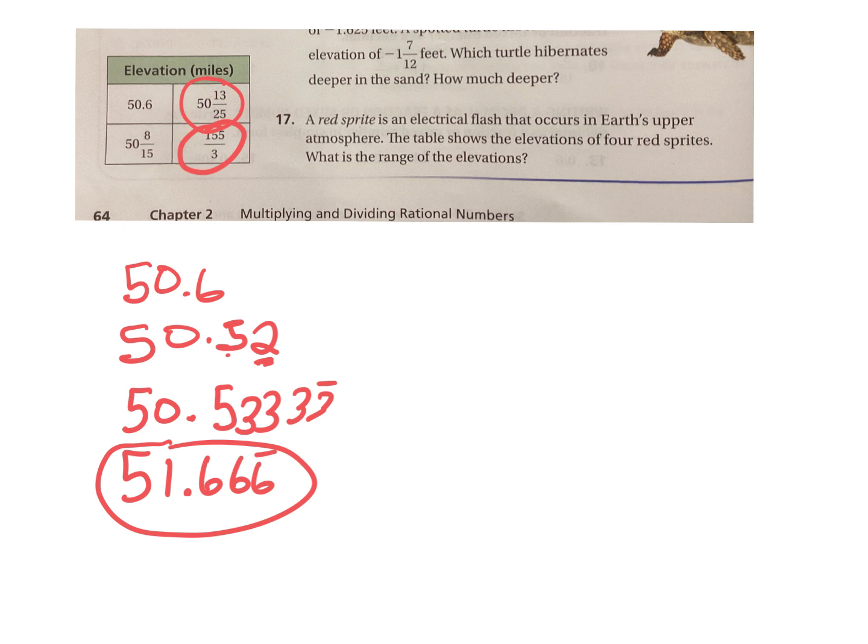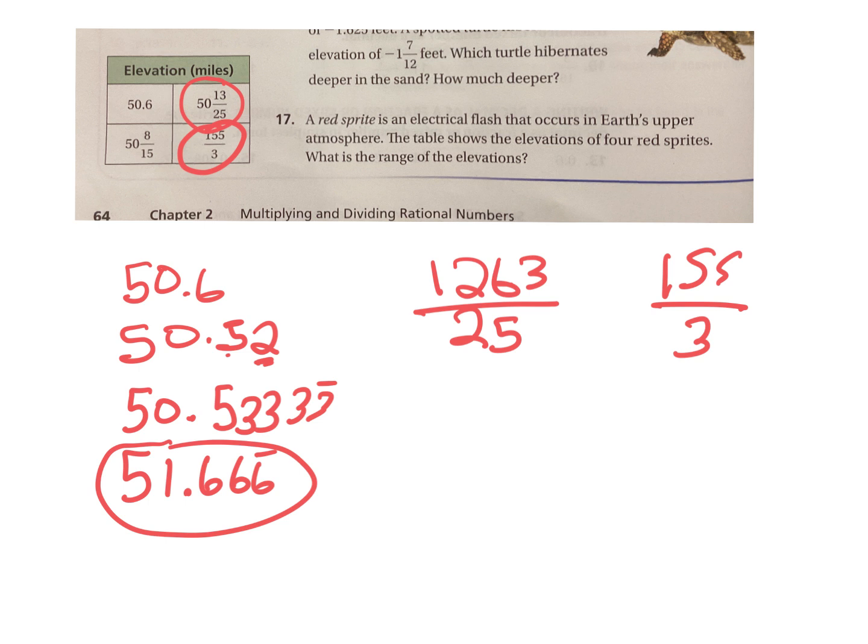So 25 times 50 plus 13 equals 1263 over 25. And then I have 155 over 3. Now I need to get those into the same denominator. So I'm just going to go 75. Now this is going to get me some pretty big numbers, but that's okay. With a calculator, it's not bad.